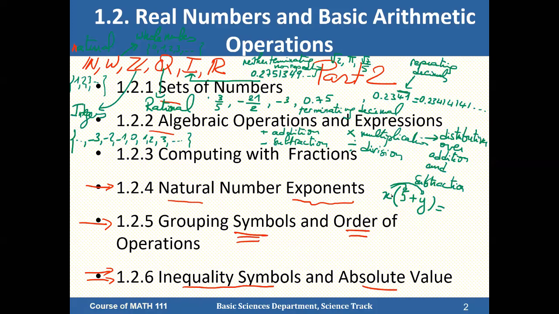So here you have multiplication outside and addition inside. So it gives 5 times x, 5x, plus x times y, xy. So this is an example of the properties of basic operation, multiplication and addition.